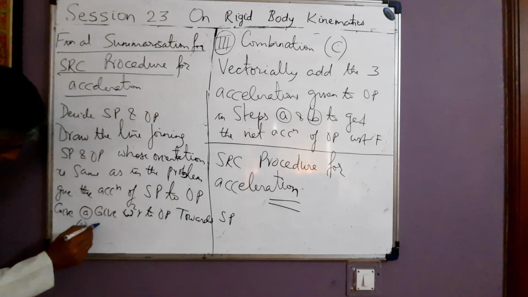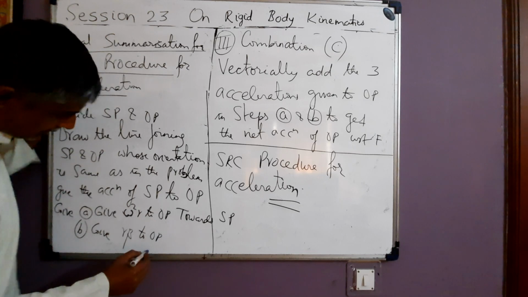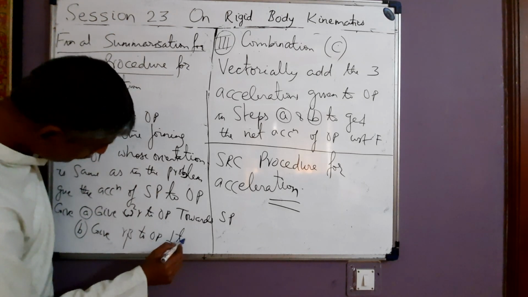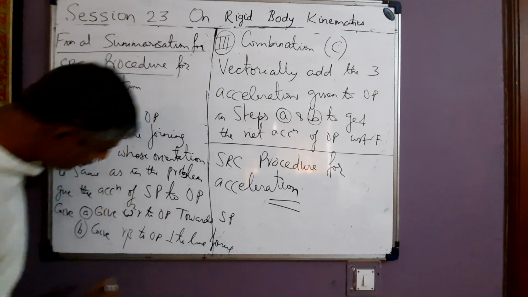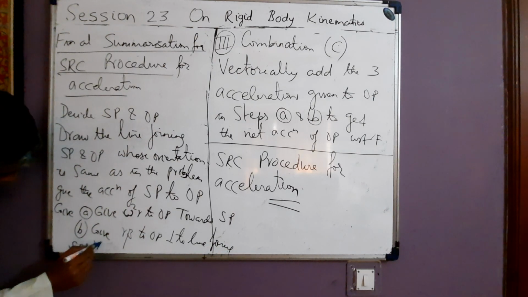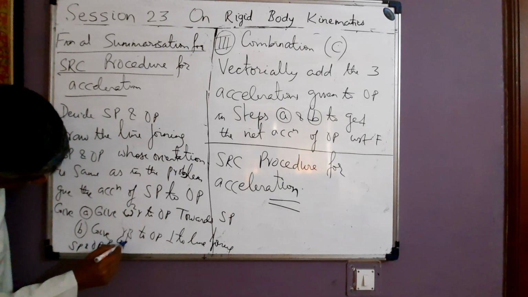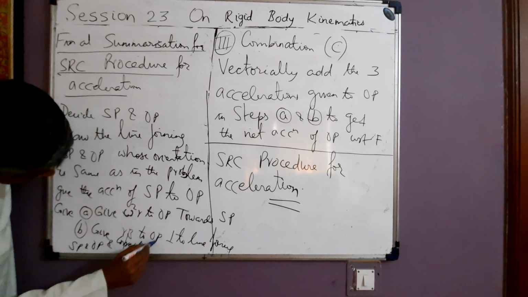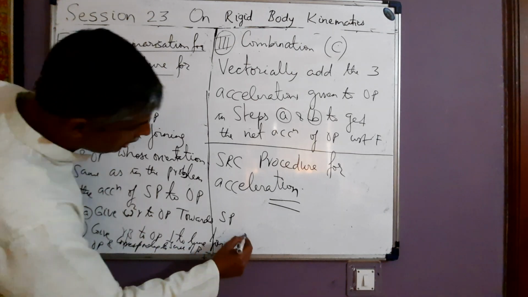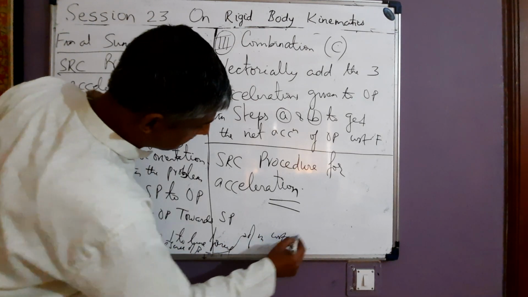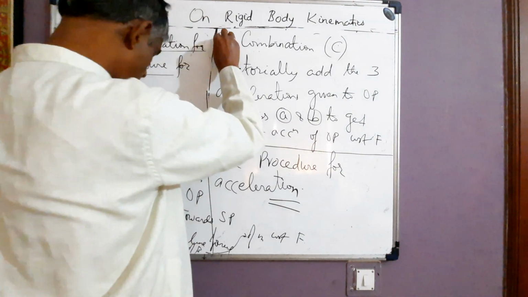And second, give R beta to OP perpendicular to the line joining SP and OP, corresponding to the sense of beta of M with respect to F.